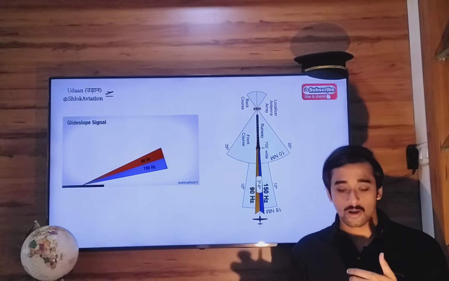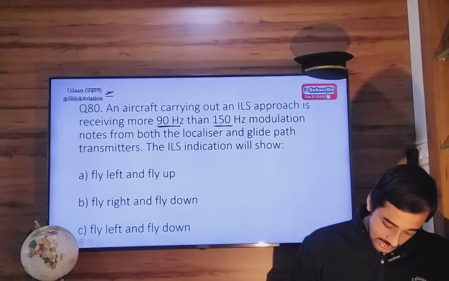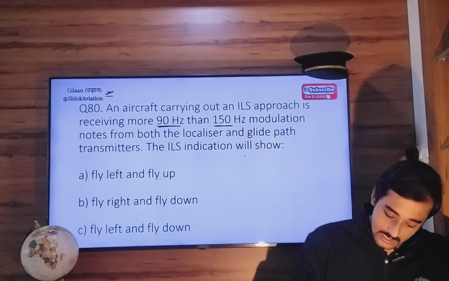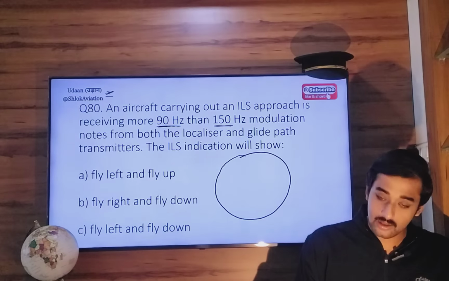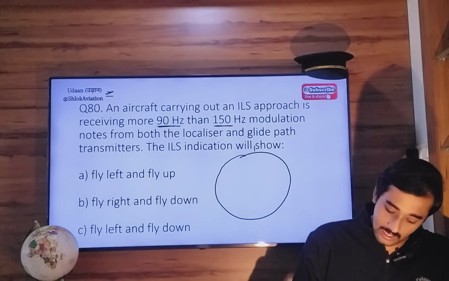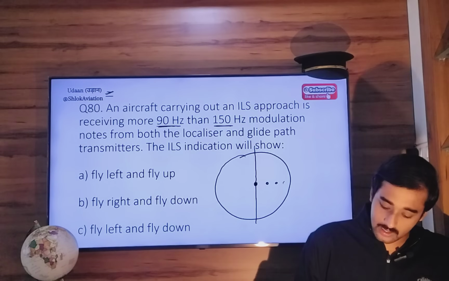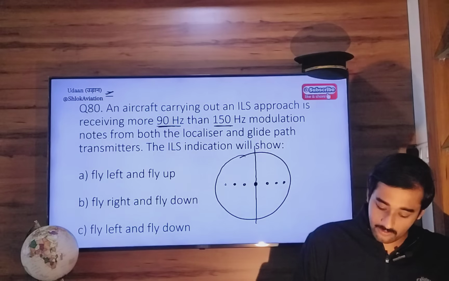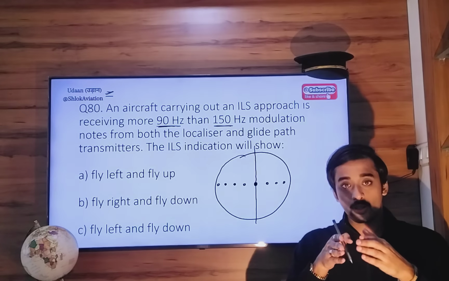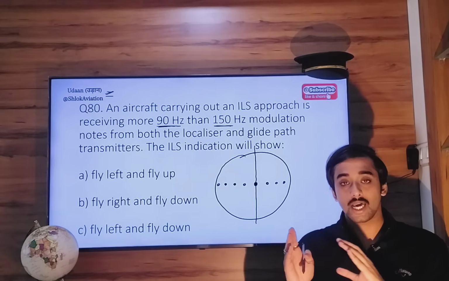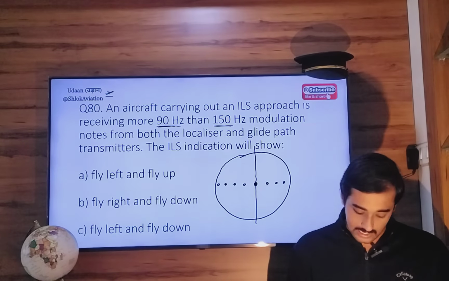So your CDI needle with respect to localizer will remain right in the center, if you fly along the overlapping region of 90 Hz and 150 Hz modulating signals.